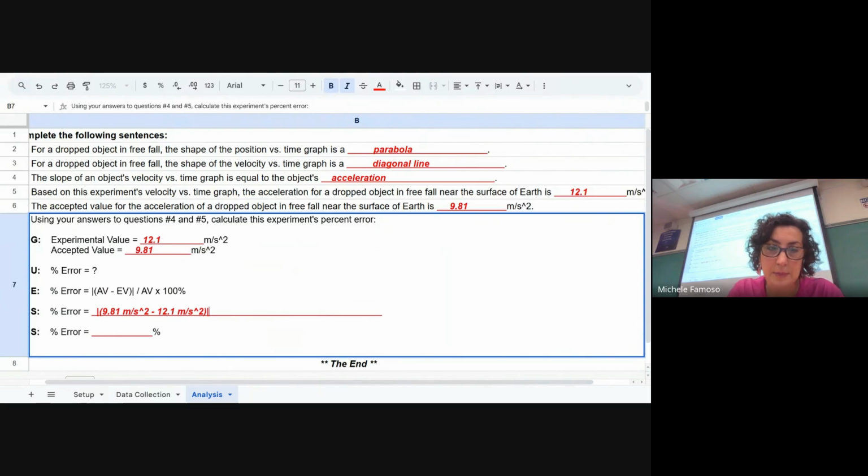Then I have to put my absolute value symbol divided by the accepted value, which is 9.81 m over s squared, times 100%. Now, Google Sheets is not going to calculate it for you. You're going to use your calculator to do it. So let me give you a couple minutes to calculate that out, please.